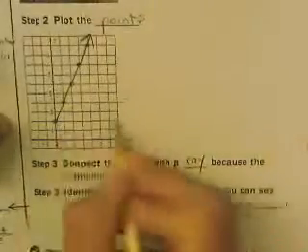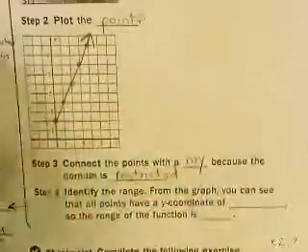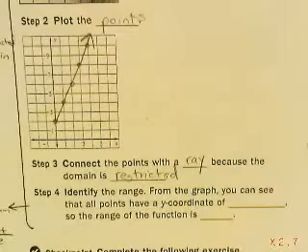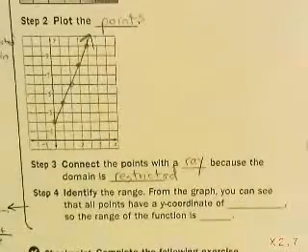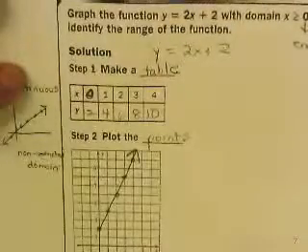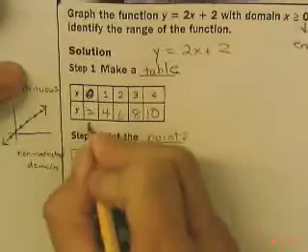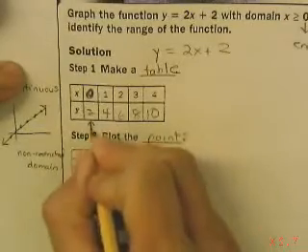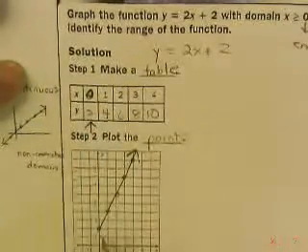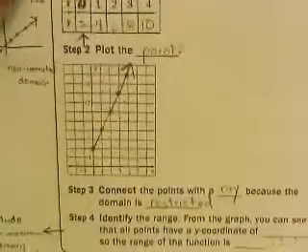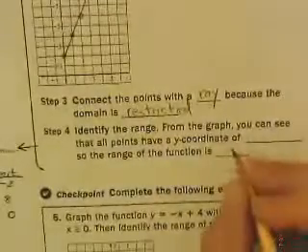Notice now the only x values considered are positive x values. Now we have to consider what our range is. Well, if you look at our table, what is the lowest y value? It is 2. Look at our graph. What's the lowest y value? It is 2.